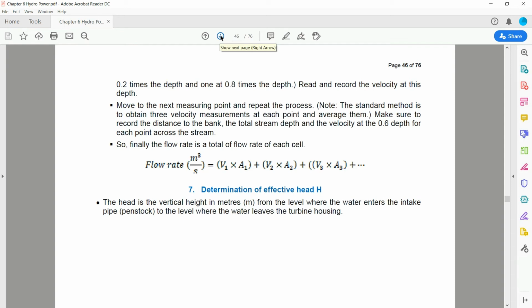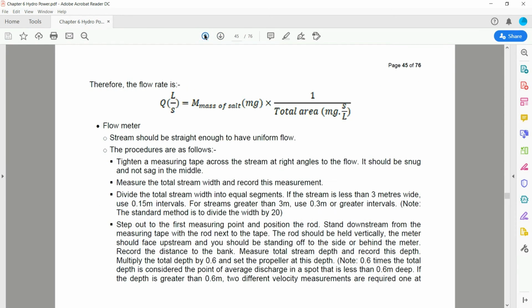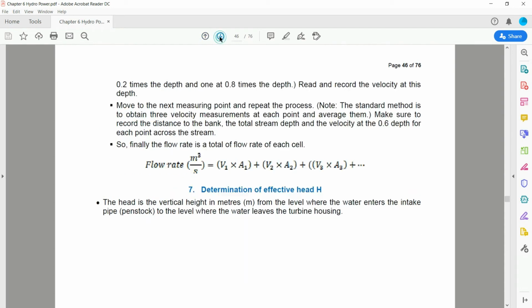Read and record the velocity at this depth. So the propeller you need to put at two different heights. And then move to the next measuring point and repeat the process. Note the standard method is to obtain 3 velocity measurements at each point and average them.